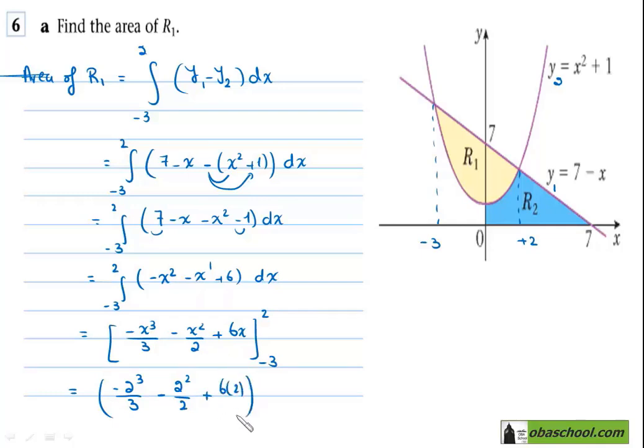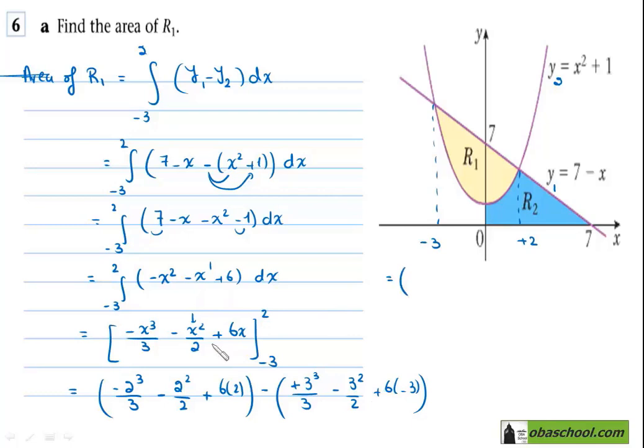Minus, now for the lower limit, which is minus 3, we have minus 3 cubed, so plus 3 cubed over 3. Minus, when we put minus 3 instead of x and we have power 2, it will be 3 squared over 2. And then we have 6 times minus 3. We do the normal calculations.